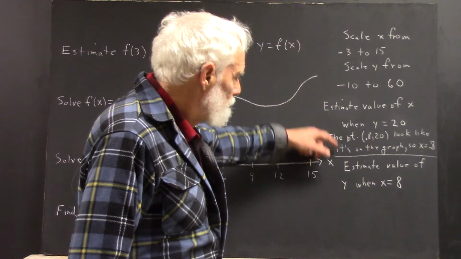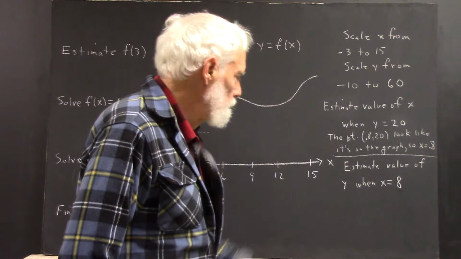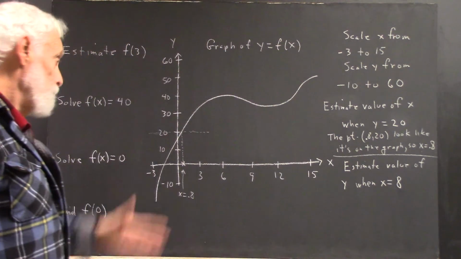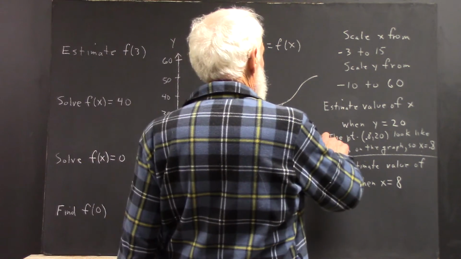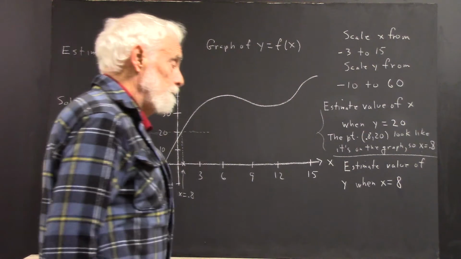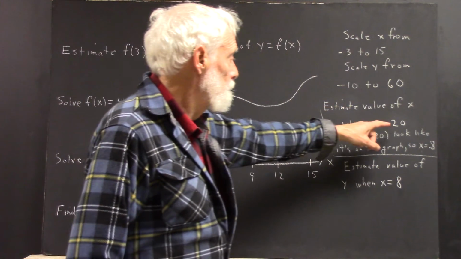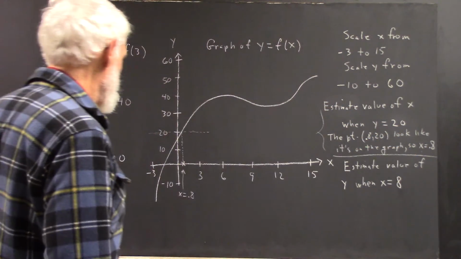Now, as it turned out, I wish I'd given myself a little more room. There's a little more that I'd have liked to write there, but we'll go with what I have. So that's our estimate. The value of x when y equals 20 is 0.8.